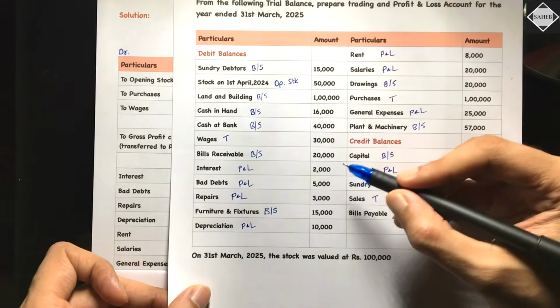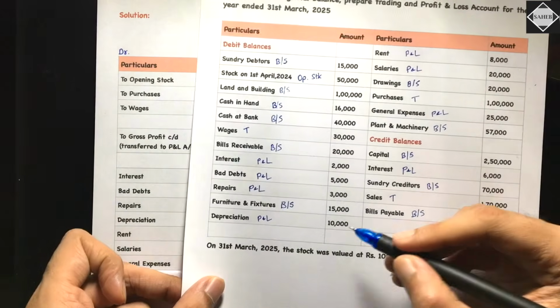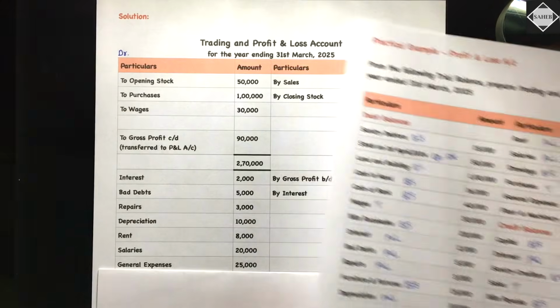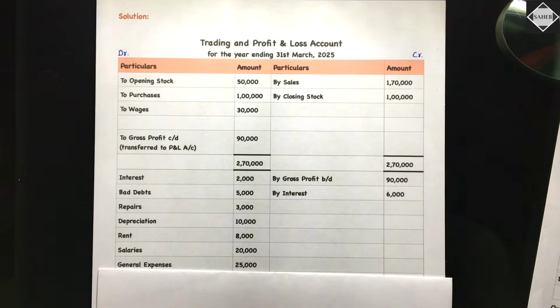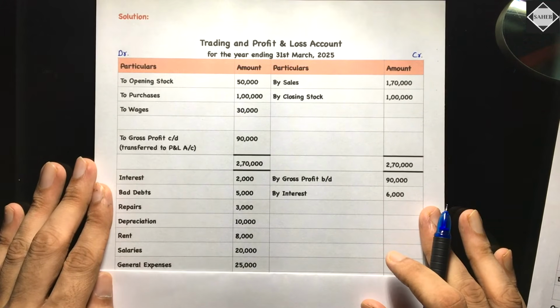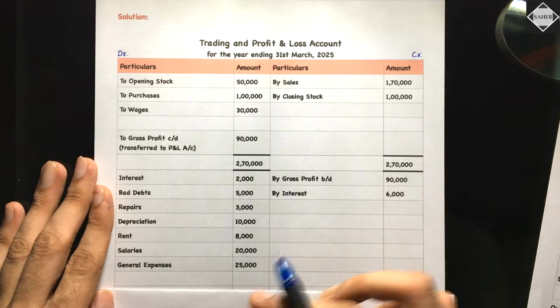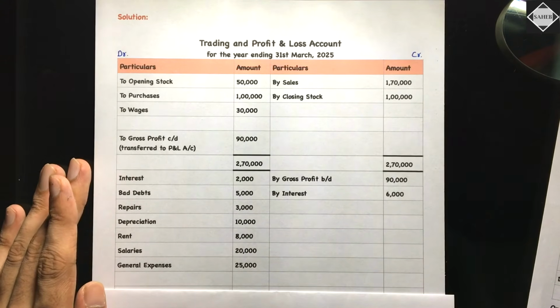See, 2,000, 5,000, 3,000, and then you have depreciation 10,000, and then rent 8,000, salaries 20,000, and then general expenses 25,000. Is it clear? And always remember, if you are in an exam or anywhere, just leave some spaces, leave 2-3 extra lines. If you make a mistake, then you will have a chance of rectifying it neatly.